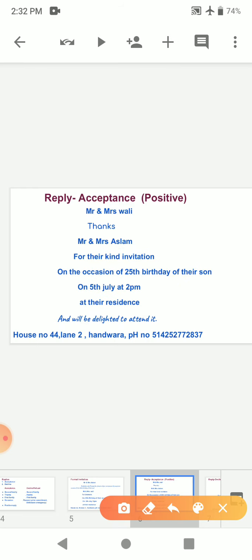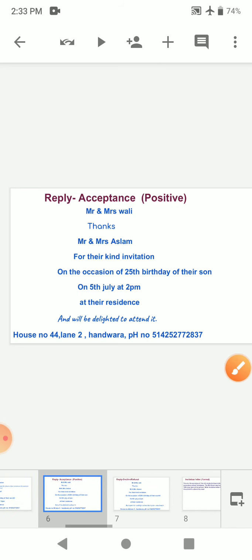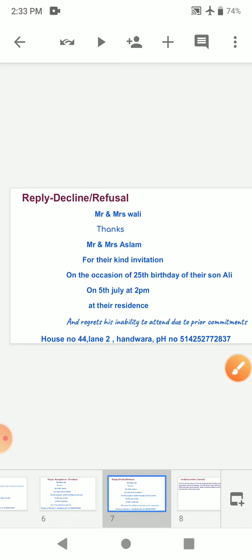Earlier we wrote that the event was about the celebration, now he is thanking them, so we have used thanks in place of invites. The venue is given here, on 5th July at 2 p.m. at their residence, and will be delighted to attend. Then the address is given.